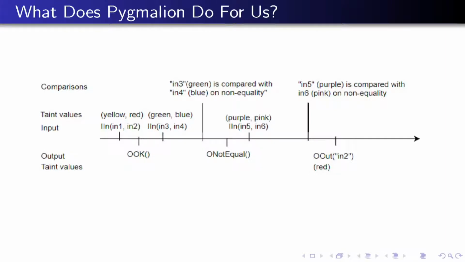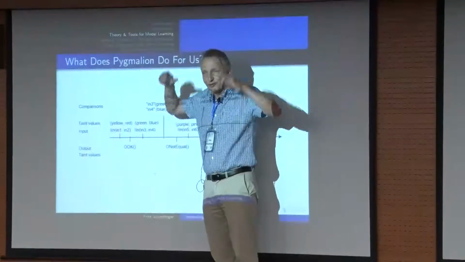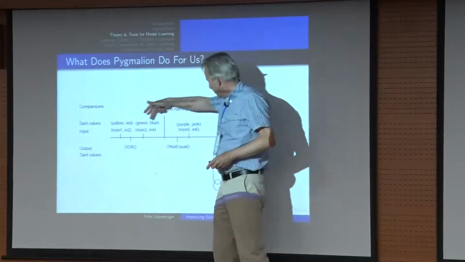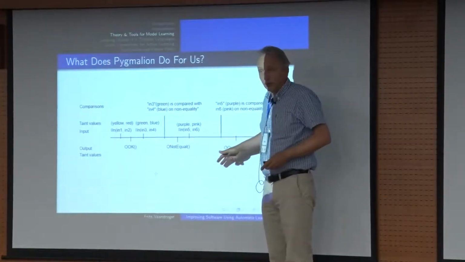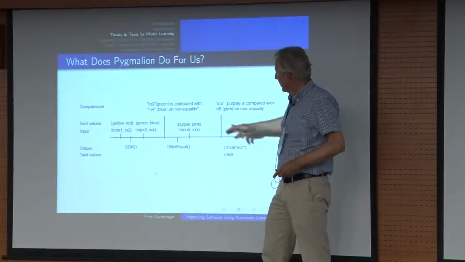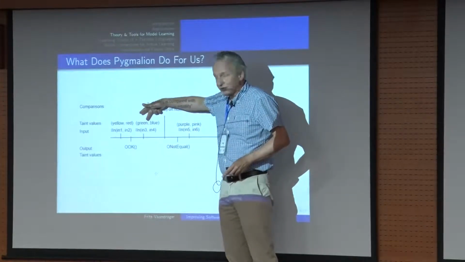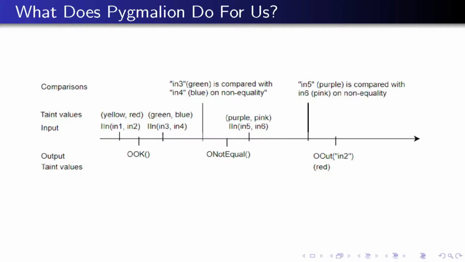So when we have certain input values, they get a color, so to say, and when output values occur, these output values are also colored, and we can see on the way the tests that are being performed. So the green value is compared to the red value, and because they were equal, you took the branch that you took.